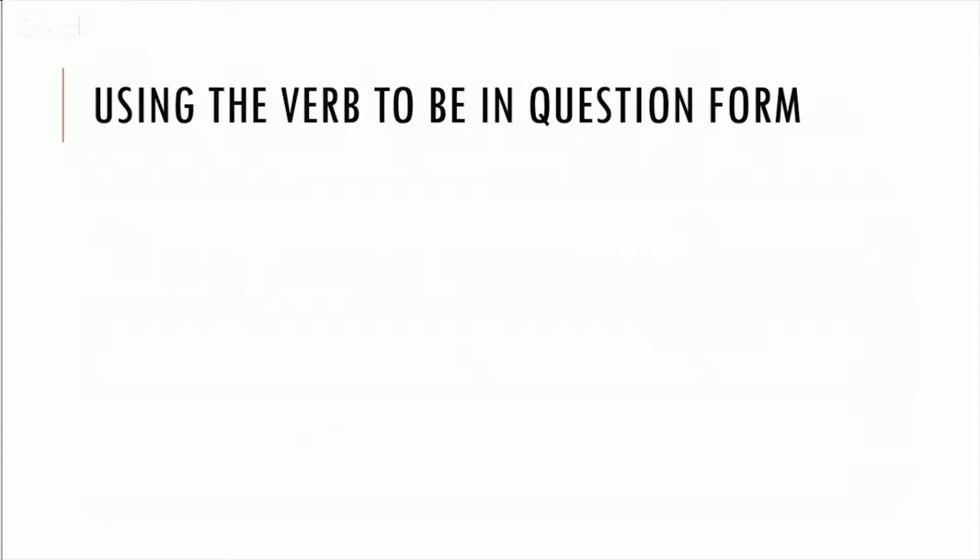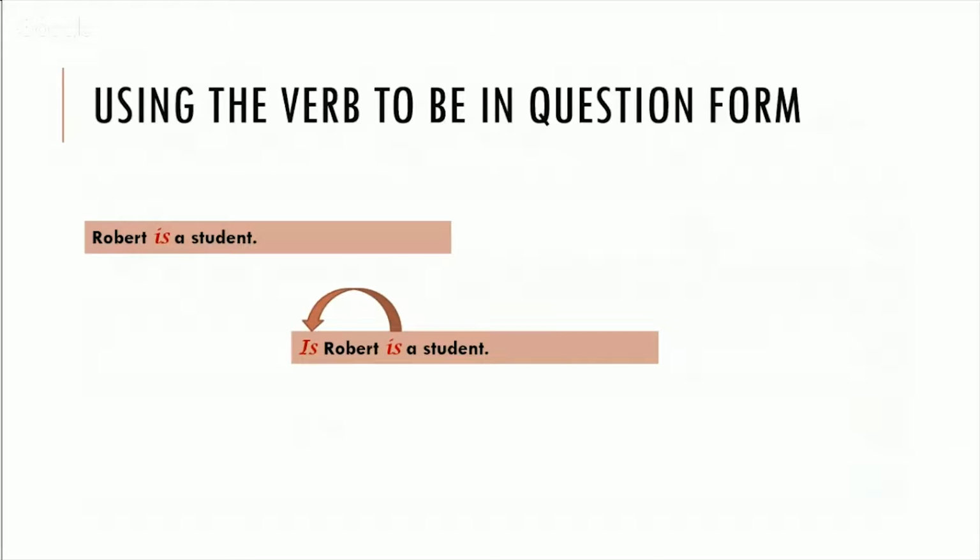We're going to move on to the next slide, using the verb to be in question form, right? So before I give you the five sentences again, I'm going to show you what we need to do in order to change a statement to a question using the verb to be in the present form. So here on the screen, you have a sentence.